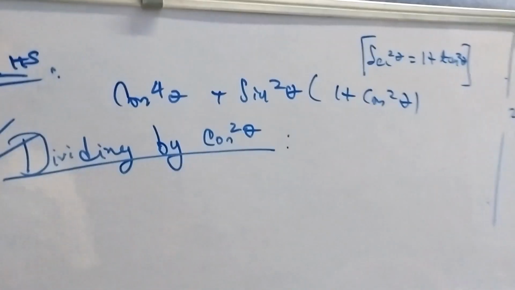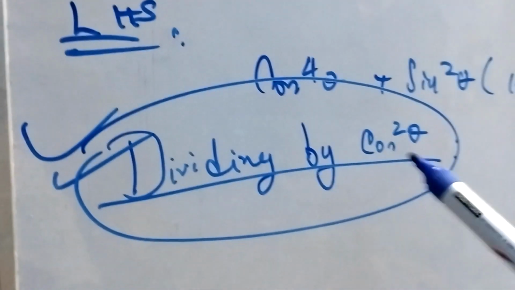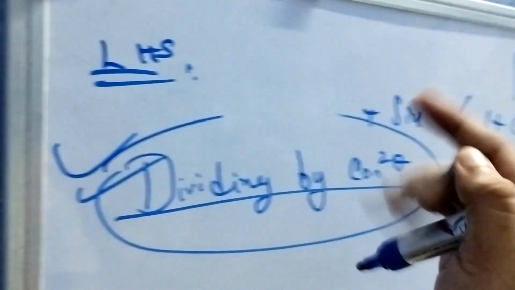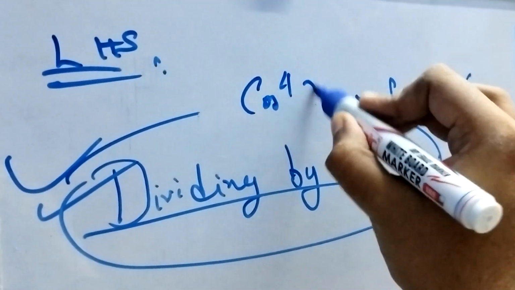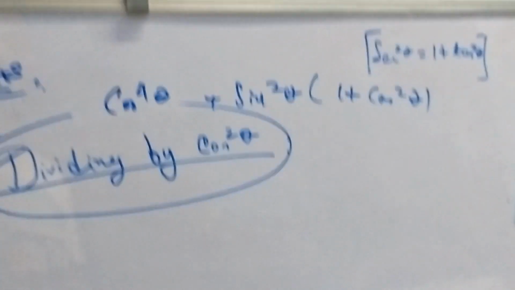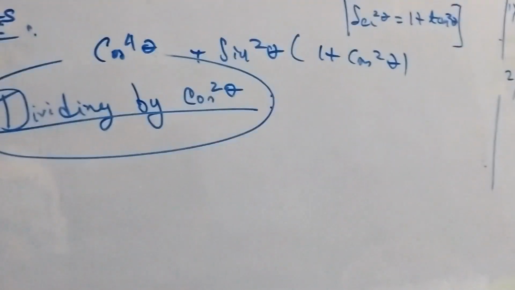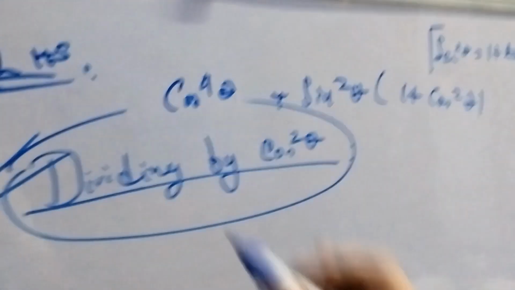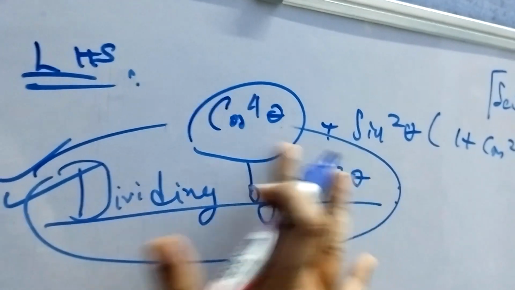Here you can see as I wrote the thing, but the main point is dividing the whole equation by cos square theta, right? Why I did this, you will eventually notice, as we are trying to gain something that is squared in term itself, no? So we must make sure that every term is squared in itself.